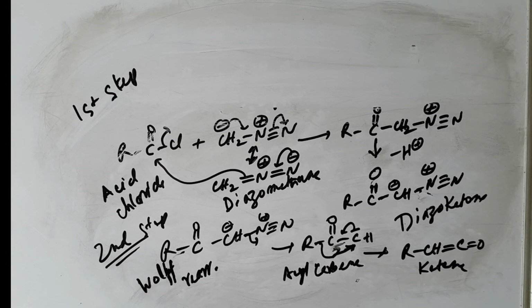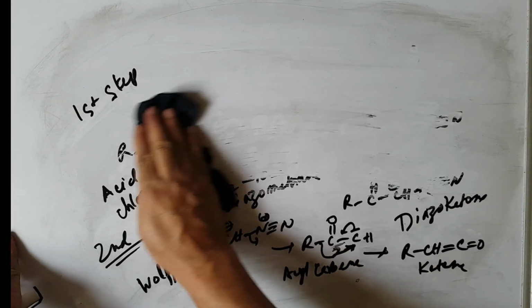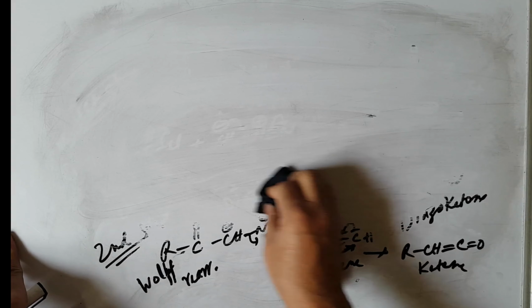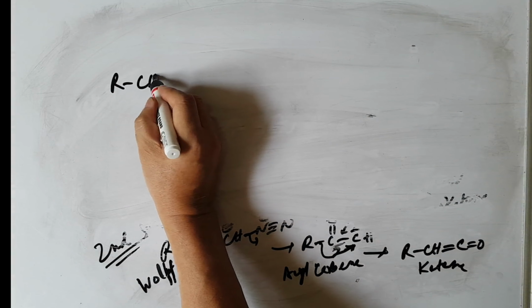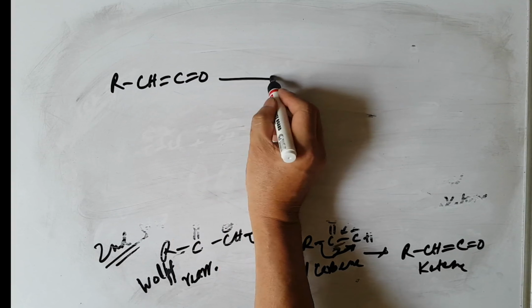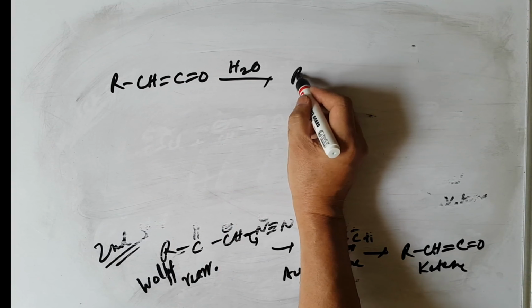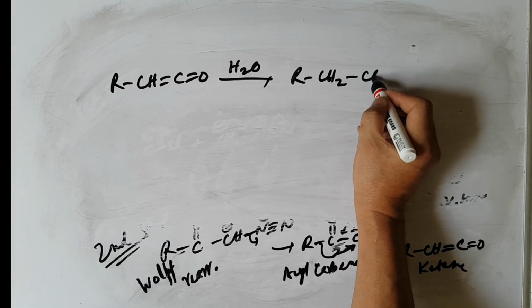Once the ketene is formed, it can undergo hydrolysis or react with alcohol or with ammonia. It can undergo reaction with water, so you can get the acid, CH2COOH.